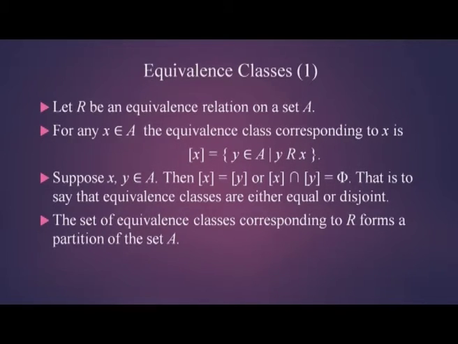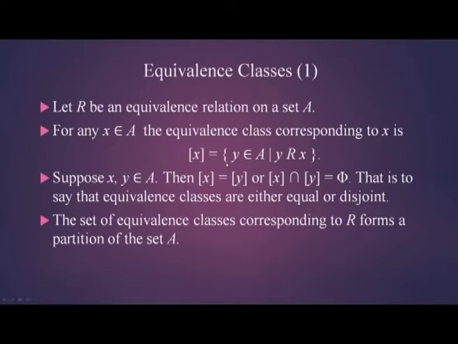So, let us try to visualize that we have a relation on a set A and we are picking up one element from that set A, let us call it x, and we are considering all the elements in A which are related to x, and we are building up a set which we will call the equivalence class corresponding to x.